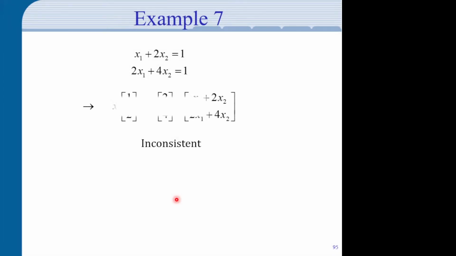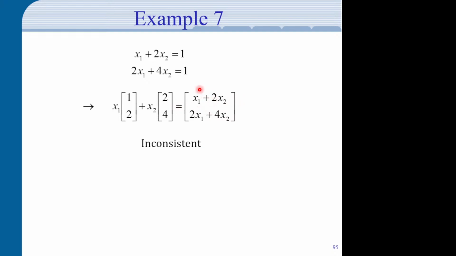And we have another example where we have x1 plus 2x2 equal to 1, and 2x1 plus 4x2 equal to 1. We can also think of this as a linear combination, but anyway, we see there is no solution.